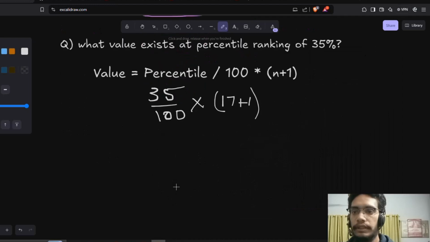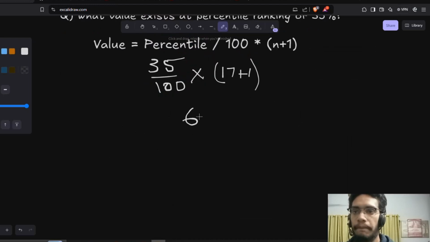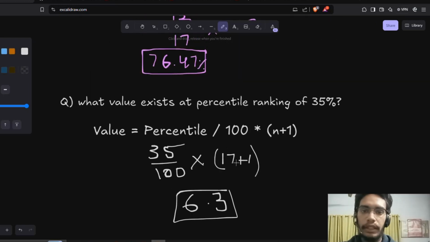Now we got this 6.3, right? This 6.3 is not the exact value that we were looking for. This is an index value of your data set, of your distribution.